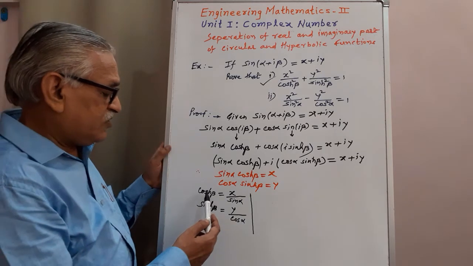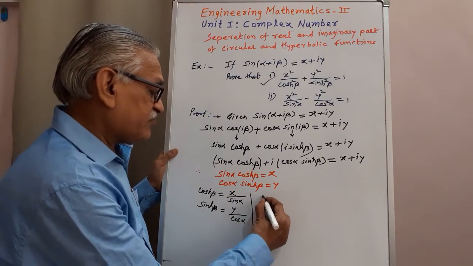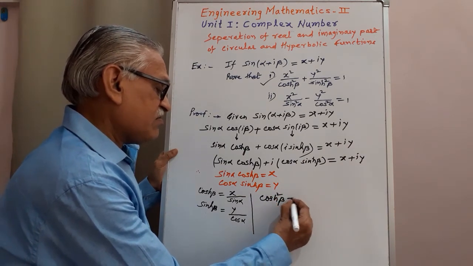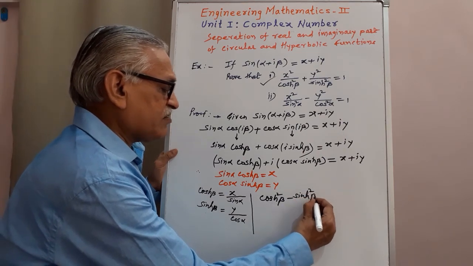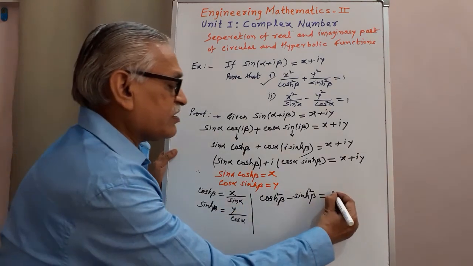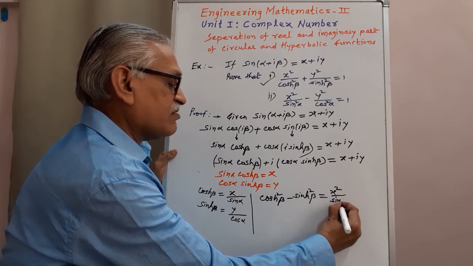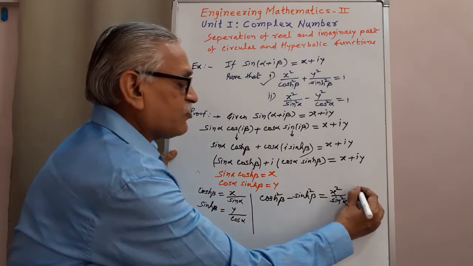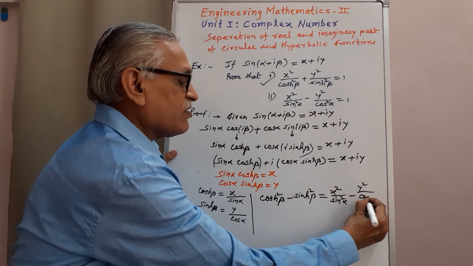Then squaring and subtracting these two terms, we get cosh square beta minus sinh square beta is equal to x square upon sin square alpha minus y square upon cos square alpha.